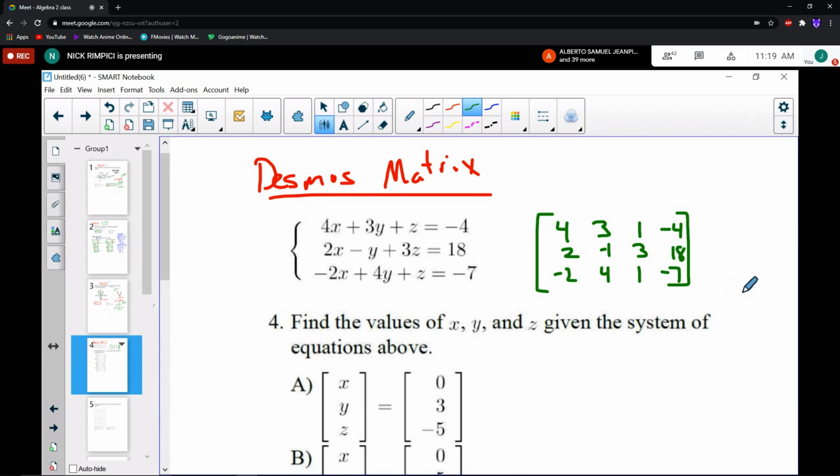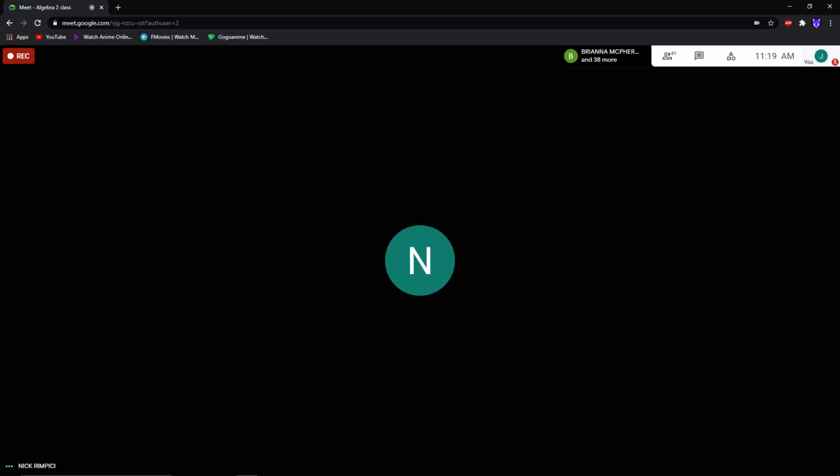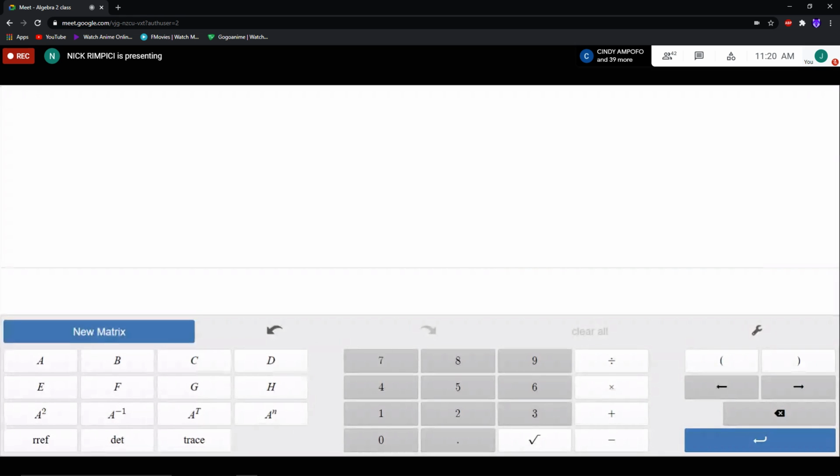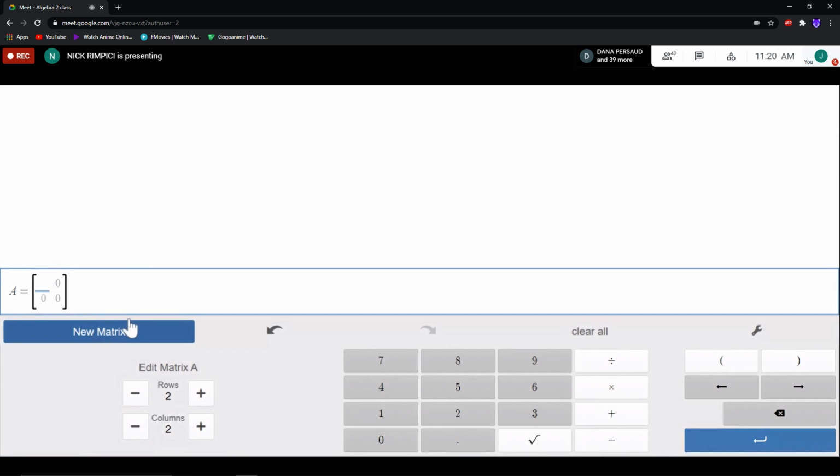All we have to do now is go into Desmos Matrix, drop this stuff in there, and poof, it's going to give us the X, Y, and Z values we were looking for. So let me go to the Desmos Matrix calculator. Okay, I have that open and running. When you log into that, this is what you're going to see. To do this, you have to make a new matrix. Whenever you open up a new matrix, it defaults to a 2 by 2, which is not okay for us.